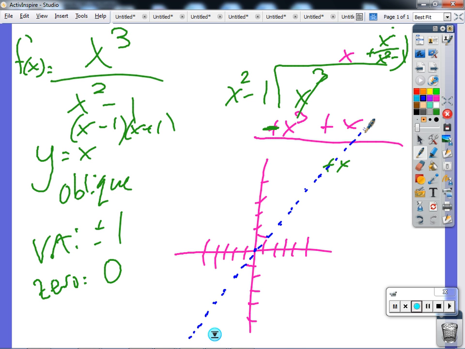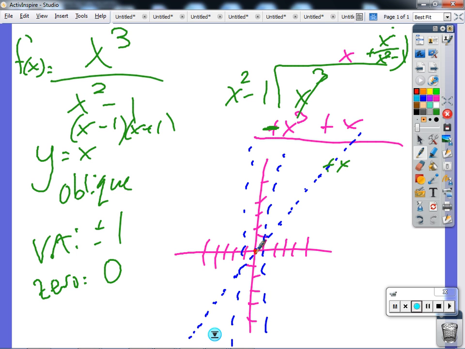Okay, so where's my vertical? 1, negative 1. Where's my 0? 0. Okay, pick a number greater than 1. A million! Right? What's a million cubed? Positive. What's a million squared? Positive.